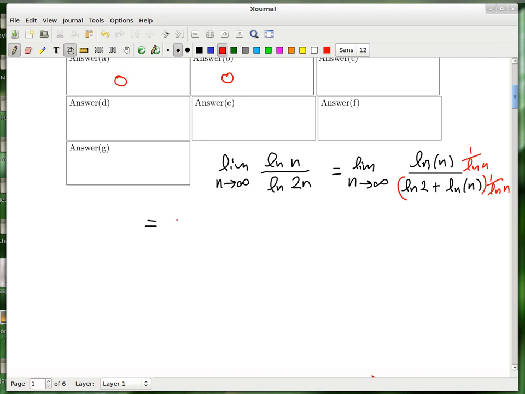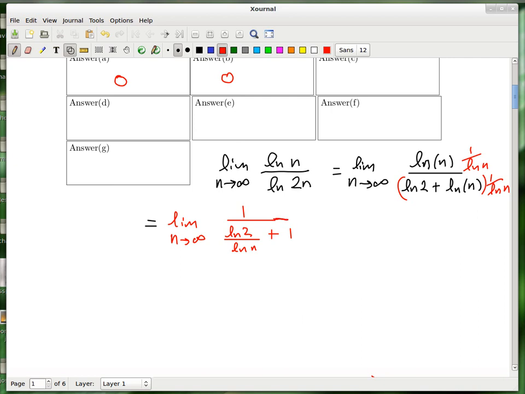Let me do this multiplication. When you bring it into the top, you're going to get 1 in the numerator. It's going to distribute in the bottom, and you're going to get, I'm sorry, it's not exactly 1, is it? It's this constant number, natural log of 2 over ln of n. And here it is going to give me 1.